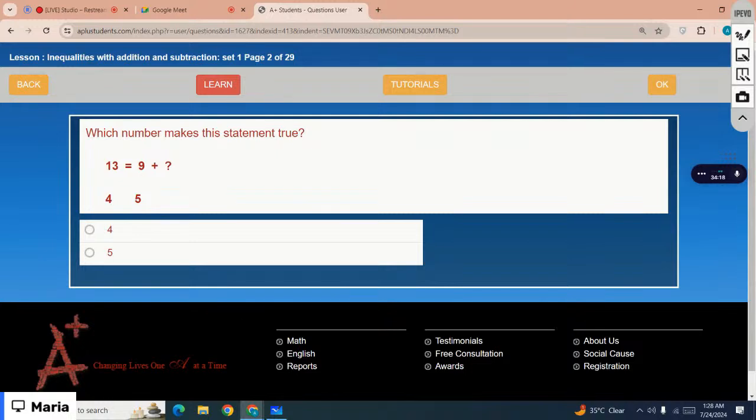That is 9 plus 4 is 13, right? Option number 1 is the correct option.